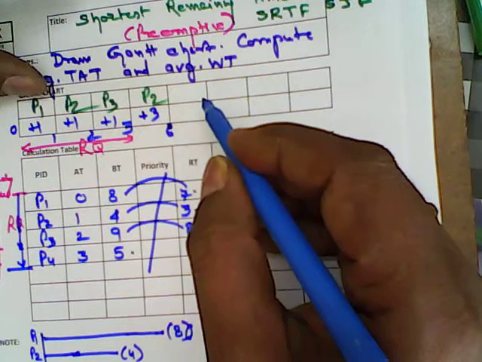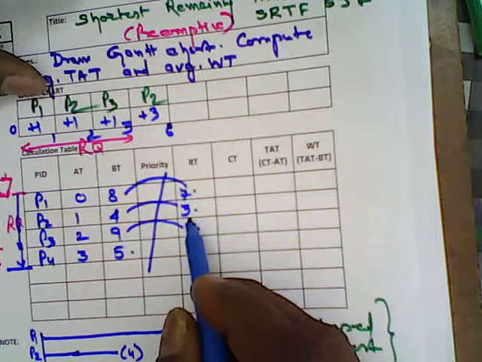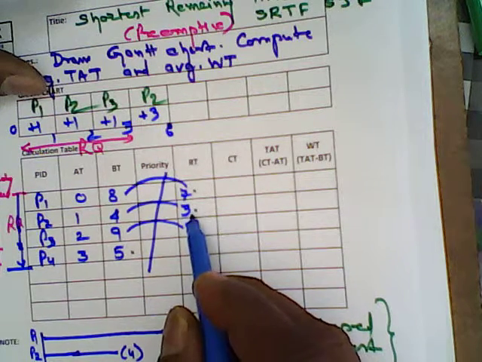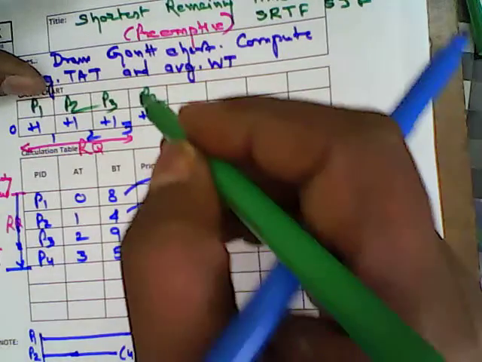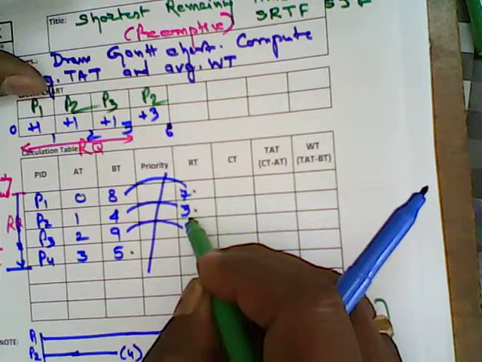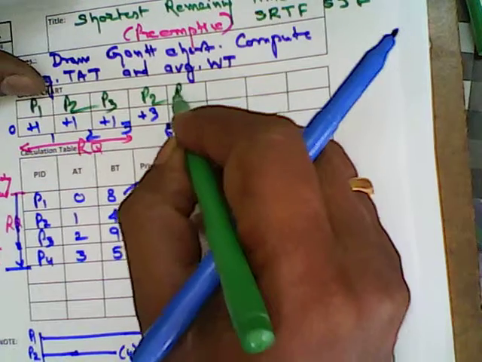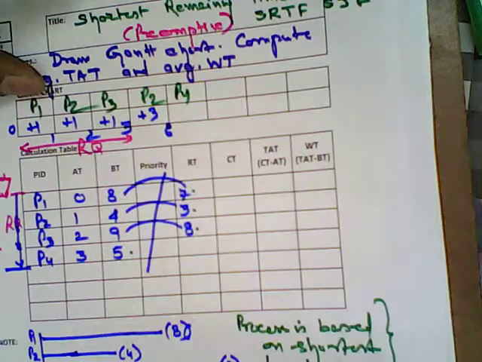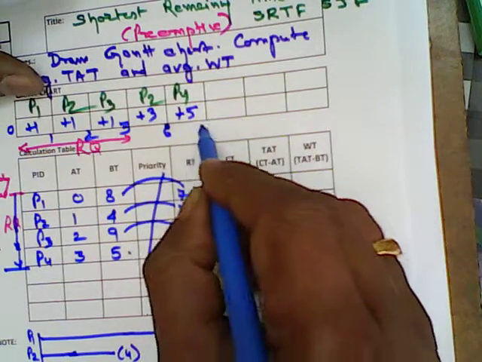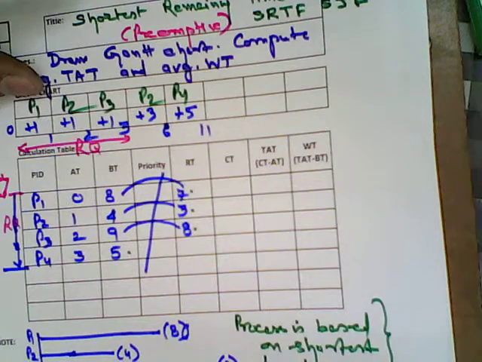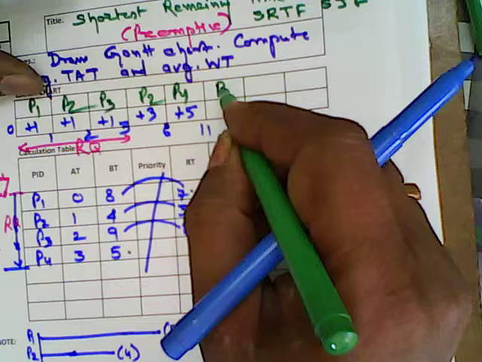And based on that, what is the next process? After the process P2, we will be going with the process that, if you see, is coming as 3, 5, P4. So P4 means it is going to compute the same +5. So +5 means 11. After P4, what is going to compute? P1.